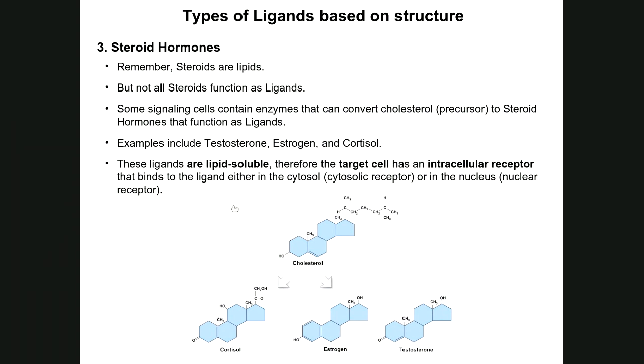Now, keep in mind, even though testosterone and estrogen are ligands that we refer to as steroid hormones, they all come from cholesterol. They're all steroids. Why am I pointing that out? If you recall, I had pointed out during membrane transport that gases and lipids can readily or freely diffuse across the phospholipid bilayer of the cell membrane.